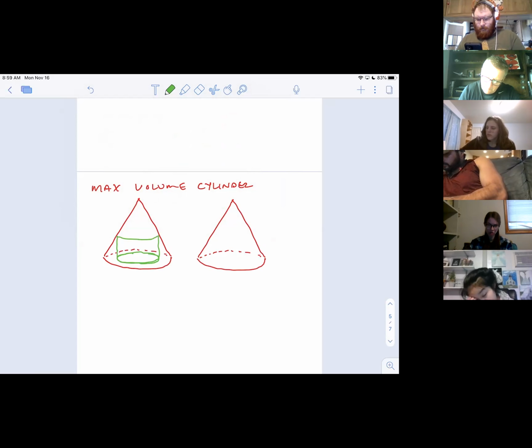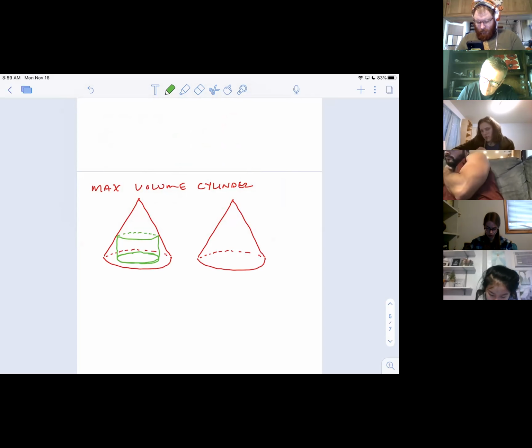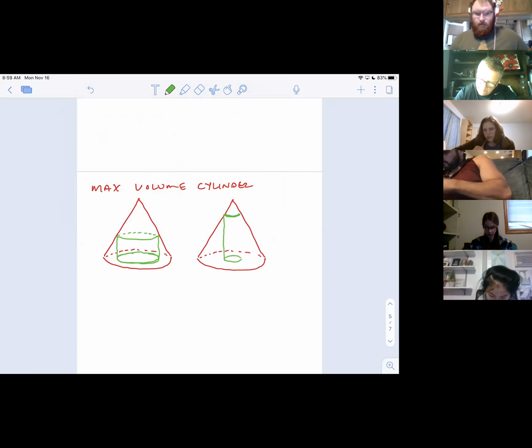So you have a nice wide cylinder that isn't very tall. So you say, no, I want a tall cylinder. Nice and tall. Cool. But as a result of being nice and tall, it doesn't have a very large radius. And so, again, is there some kind of a middle in there?